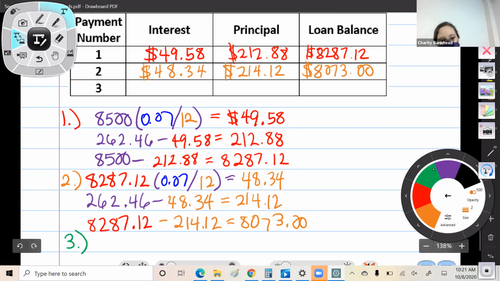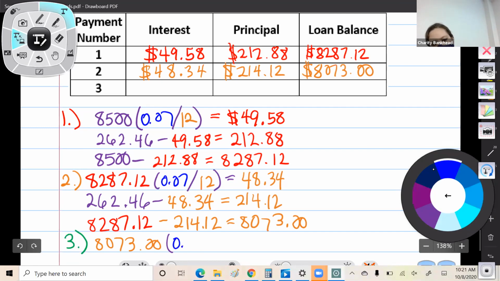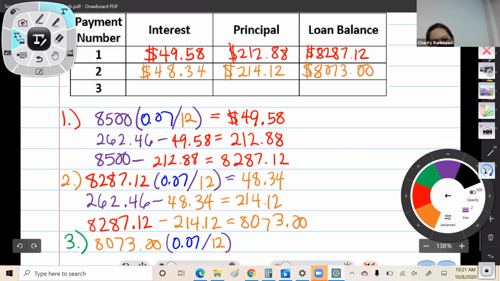All right, so we'll just do this one more time. Take that balance, multiply it by R over N. $47.09.